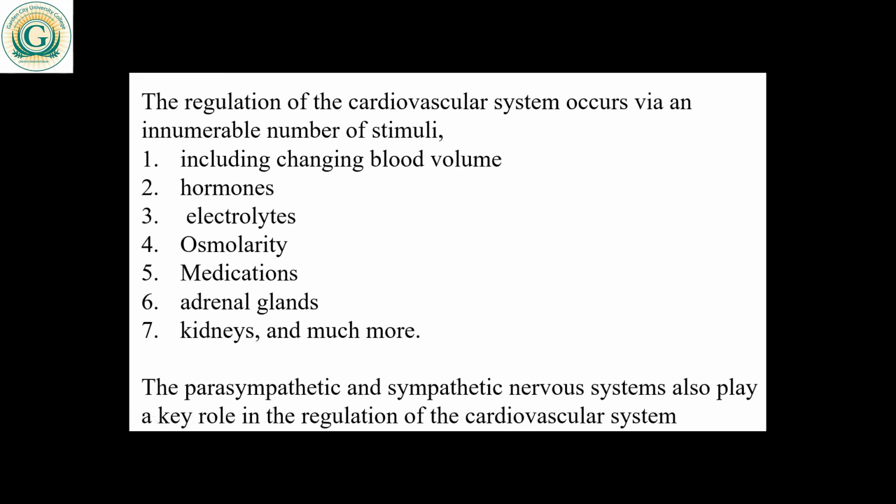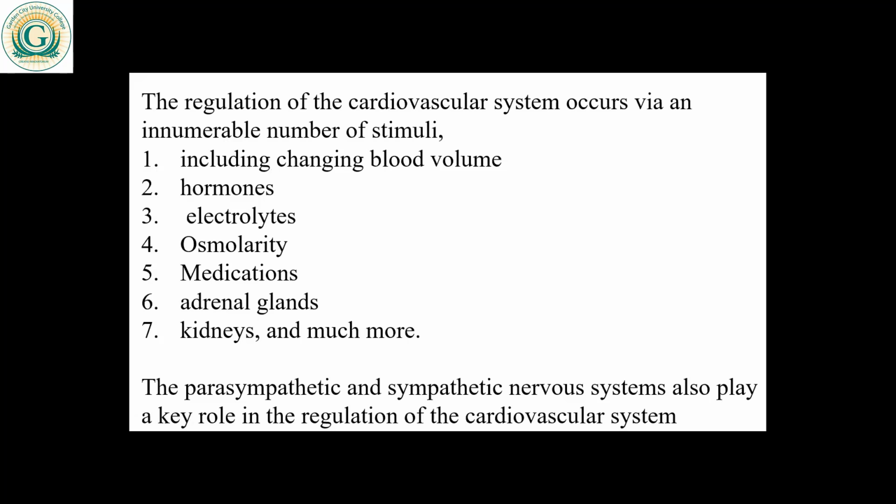So you are saying the regulation of the cardiovascular system occurs via an innumerable number of stimuli, including changing blood volume. So we always and constantly regulate the cardiovascular system. This is because there are changes that occur severally.